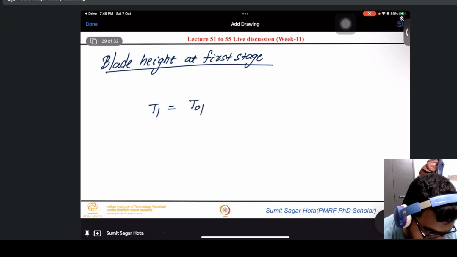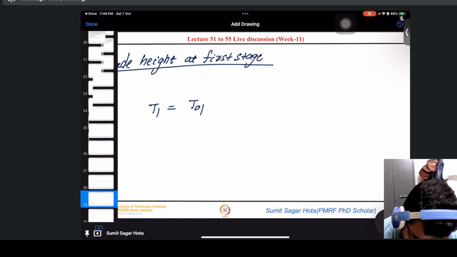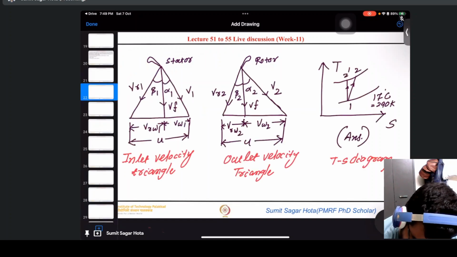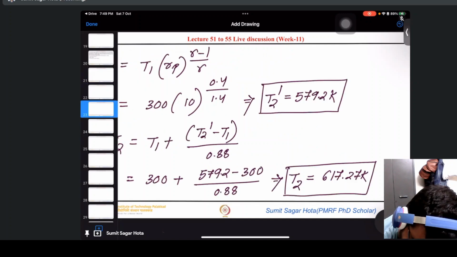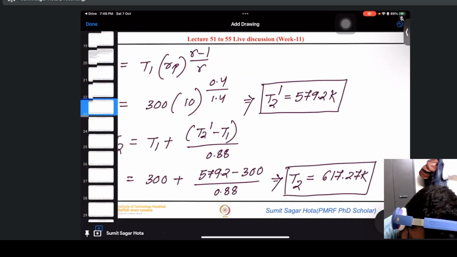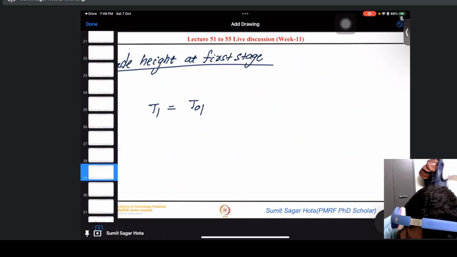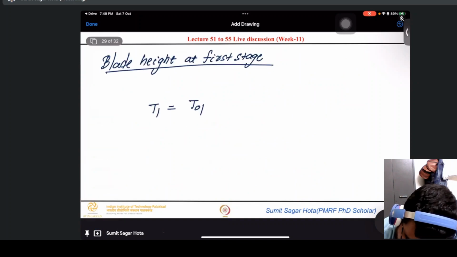Then there will be a confusion, so to solve the confusion I will represent it as T1 dash.